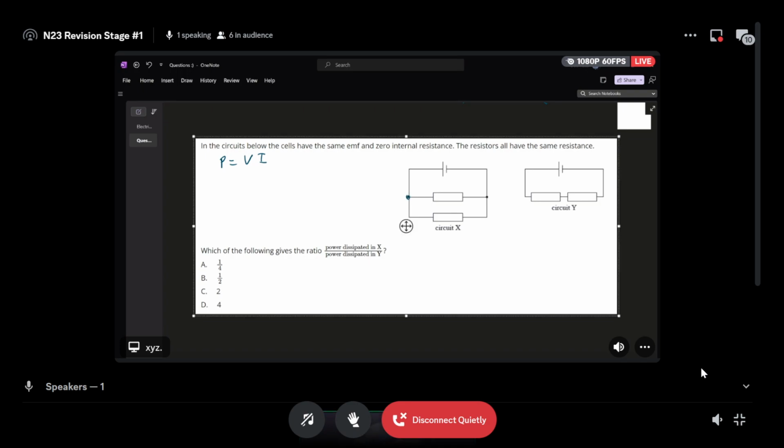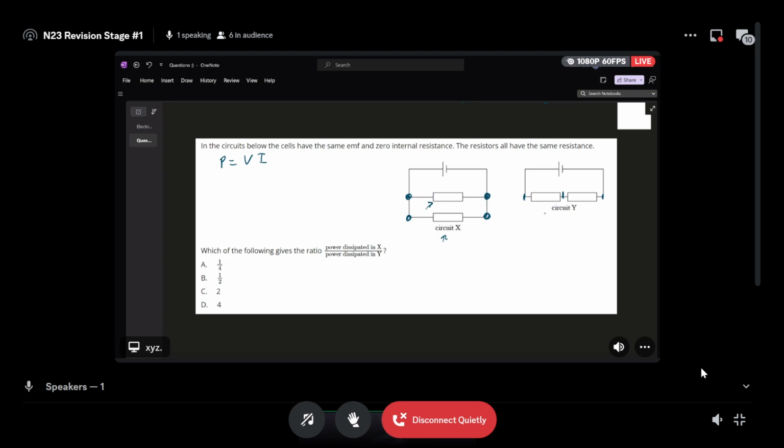Yes. So we know because of Kirchhoff's loop laws that the voltage drop across these two resistors is going to be the same. And we know that here they're also equal resistors.